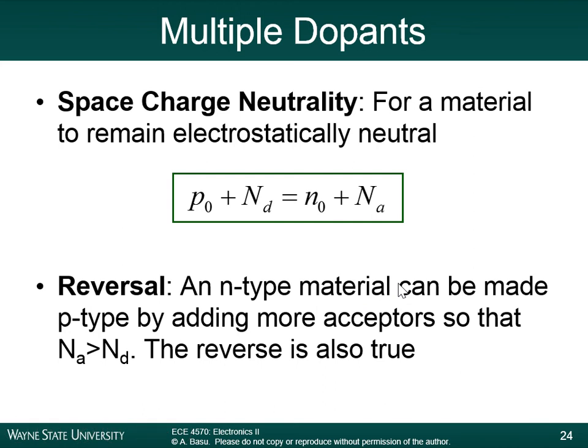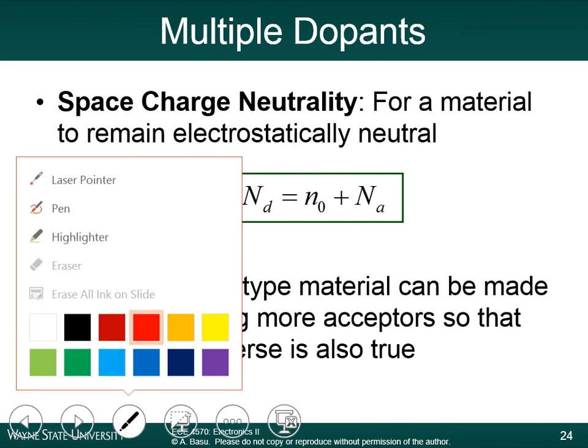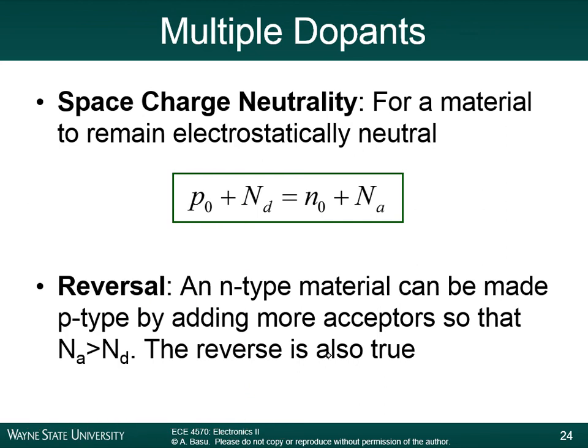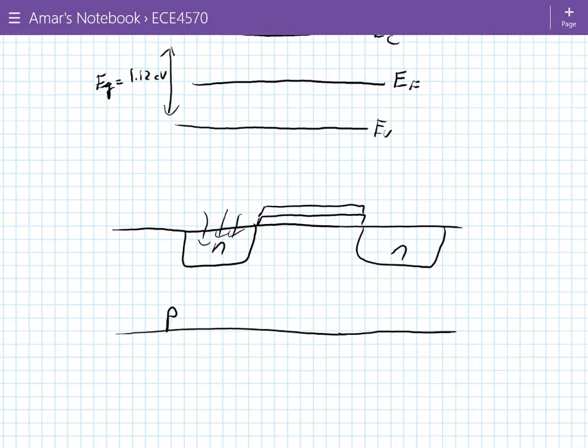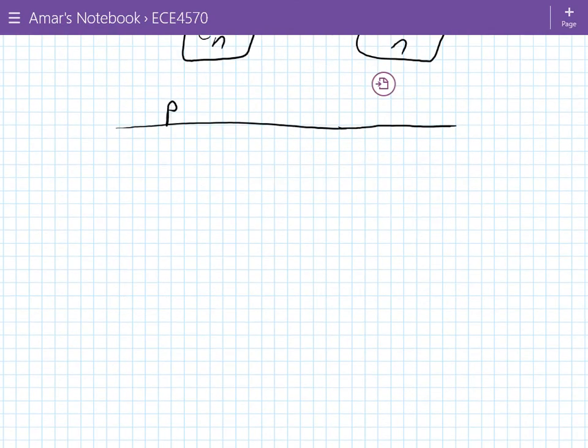Okay, if you recall, Nd is arsenic. Let me rewrite the formula here. P0 plus Nd is equal to N0 plus Na.